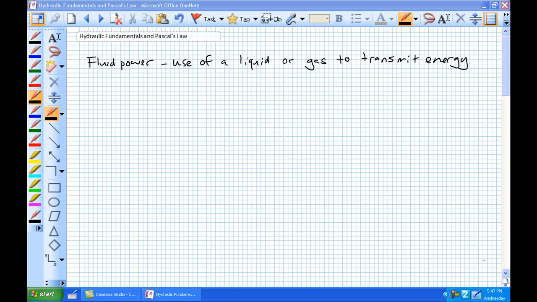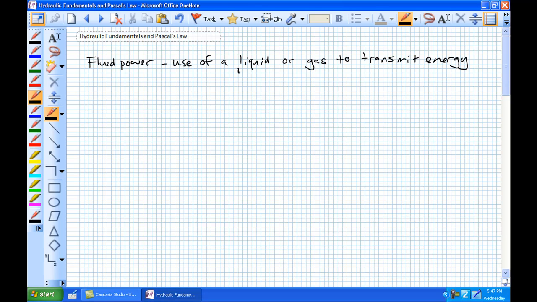Today we're going to discuss some of the fundamentals surrounding hydraulic systems, and we are going to discuss Pascal's Law. First and foremost, why do we use hydraulics and fluid power systems? Well, there are certain advantages to them. A fluid power system is basically the use of a liquid or gas to transmit energy.